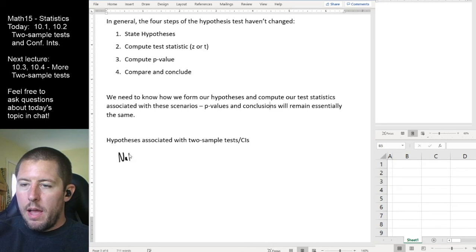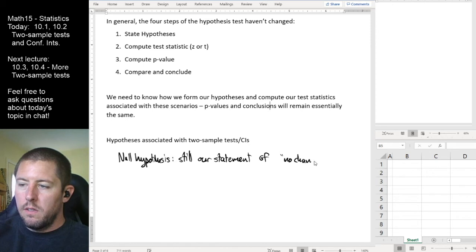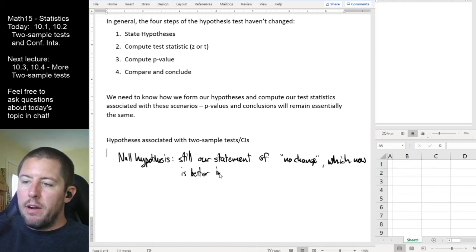And so our null hypothesis is still our statement of no change, which now is probably better interpreted as our statement of no difference.